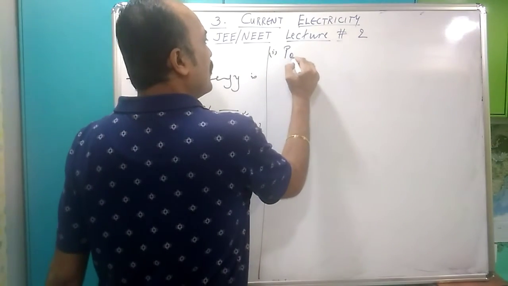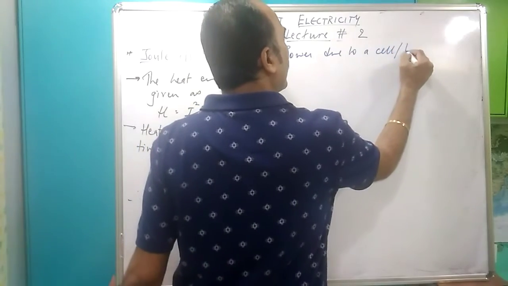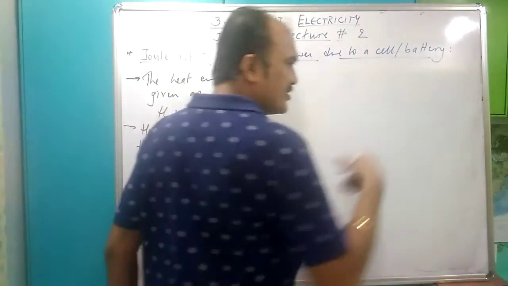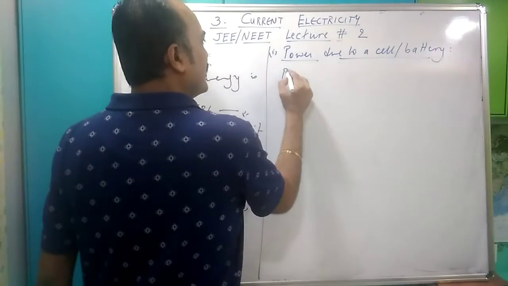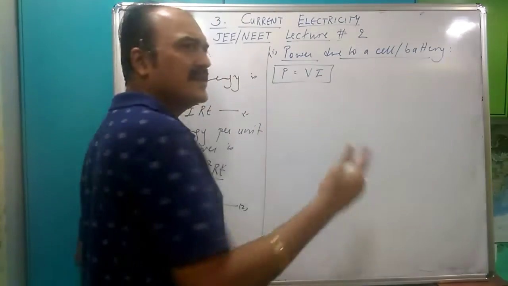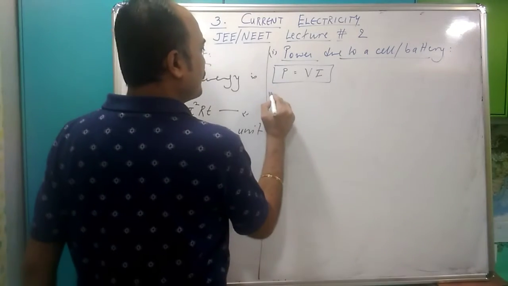First, the power due to a cell or a battery, which is the power given by a cell or a battery. It can be written as P is VI, or you can write it as P is equal to epsilon I. So this is the power delivered by a cell or a battery.